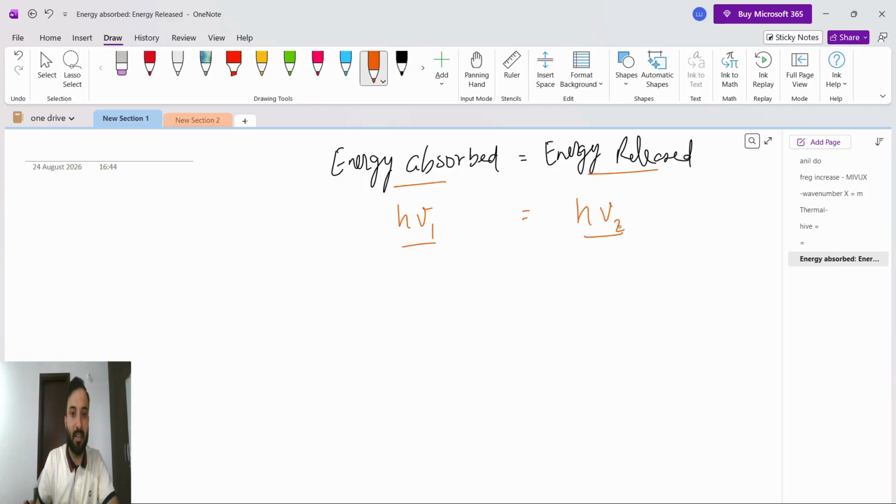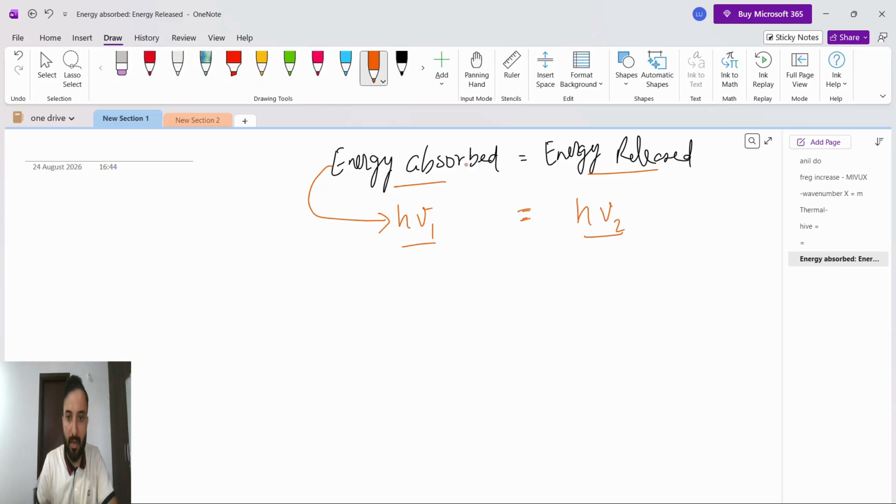So see the relation. If we see the relation of energy absorbed and energy released in terms of wavelength, what will happen? Wavelength for the absorbed is equal to the wavelength for the released.